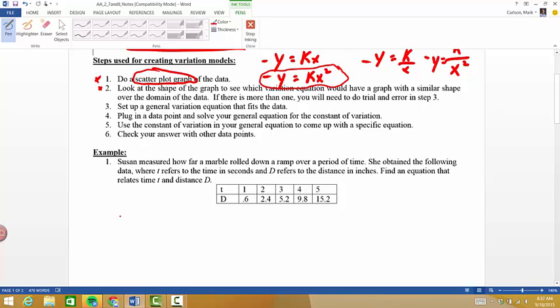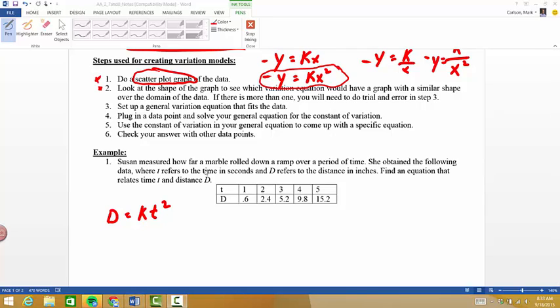The general equation would be distance is equal to k, the constant of variation that we want to find, times t squared. That's our general equation, and it's now set up so that we can find this constant of variation. We're going to use the data to do that.